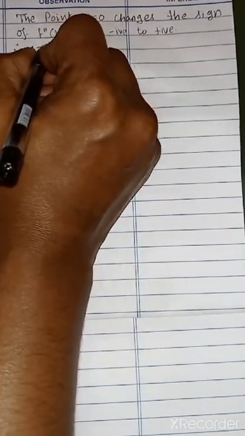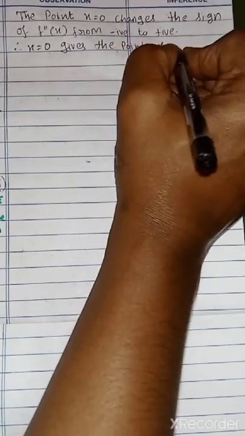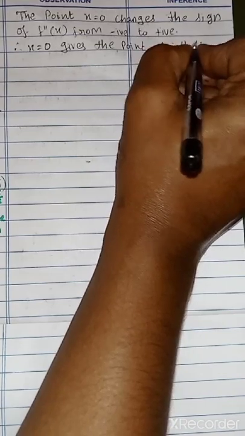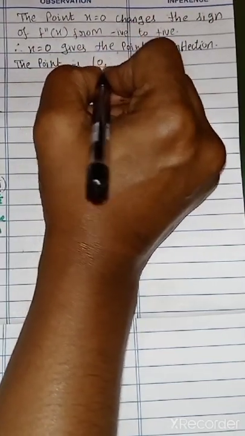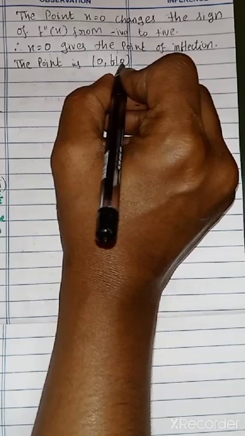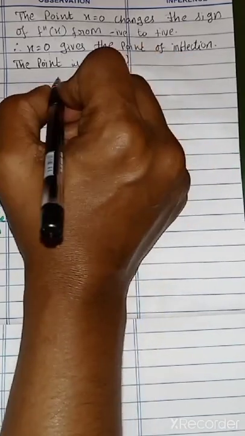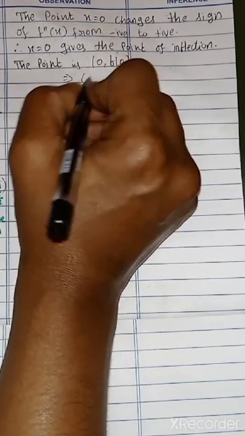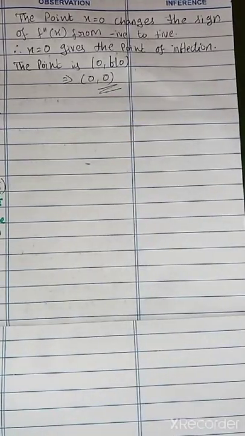Therefore x equal to 0 gives the point of inflection. The point is 0 comma f of 0. So what value will you put for f of x? 0. That is anything to the power 0 is 1, 1 minus 1 is 0. So what is the final answer? 0 comma 0 is the point of inflection.